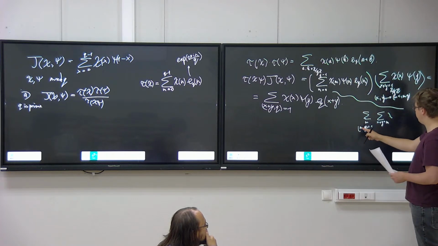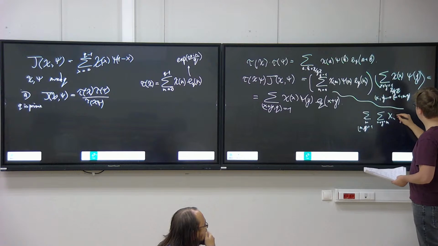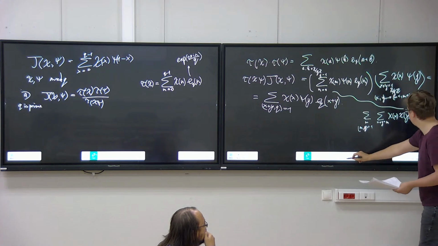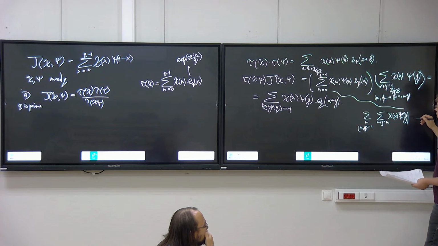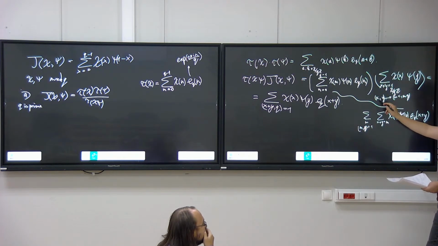And if it's coprime, then this will be the sum of chi of x, psi of y, e of q of x plus y. Okay? I changed x and y by mx and my.